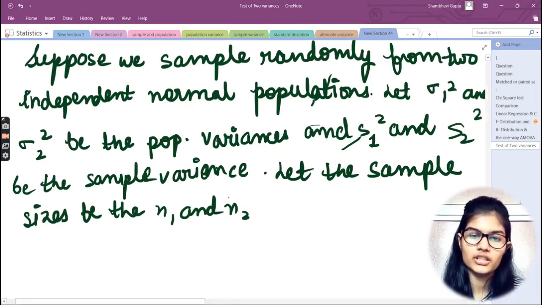Next, since we are interested in comparing the two sample variances, we use the F ratio.